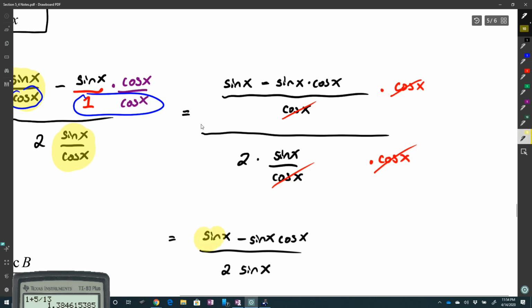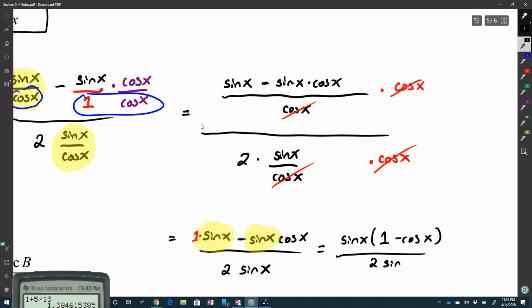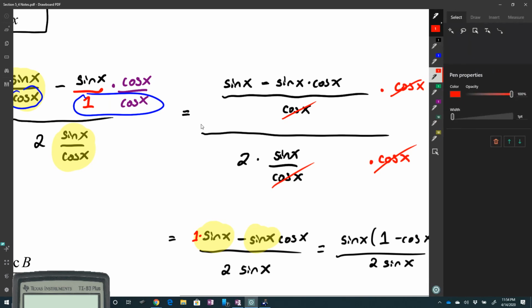Now I can factor out the sine x because it's a sine in both terms. Remember, this is 1 times sine x. So I have sine x, 1 minus cosine x over 2 sine x. The sines cancel.